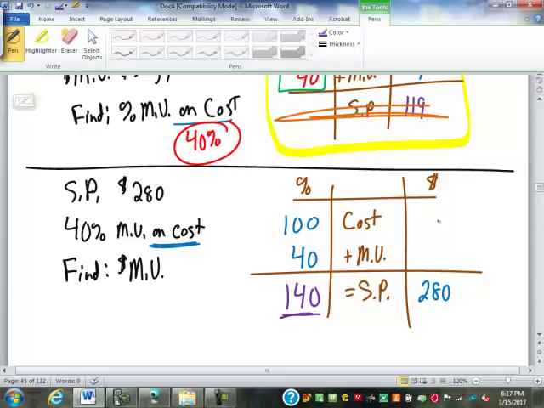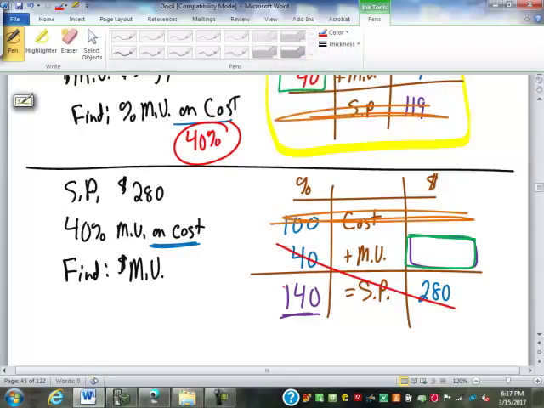Perfect. We are looking for the dollar amount of the markup right there. So we do not need the top row. Cross multiply and divide. 40 times 280 divided by 140 is $80. It's the dollar amount of the markup.